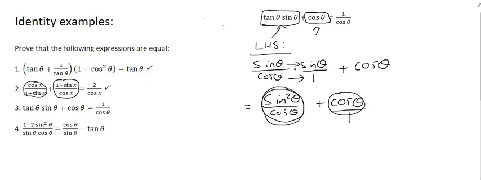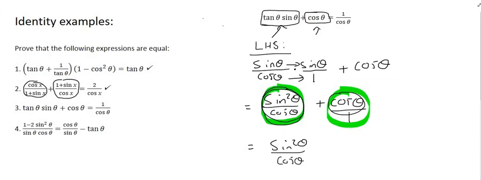And so this term over here already has the cos theta, but this one doesn't. And so we're going to need to multiply that with a cos theta at the top and the bottom. And so that's going to give us the original sin squared theta over cos theta plus.